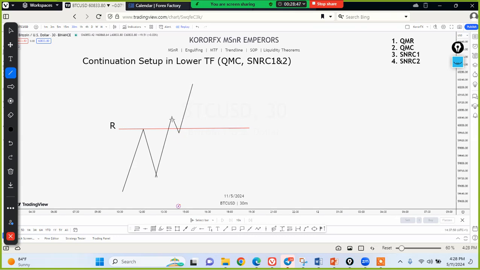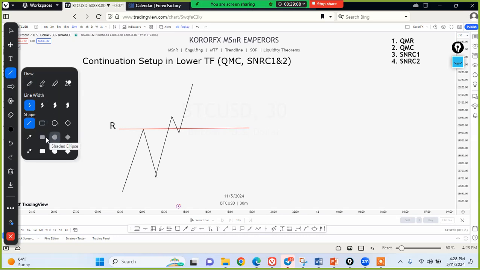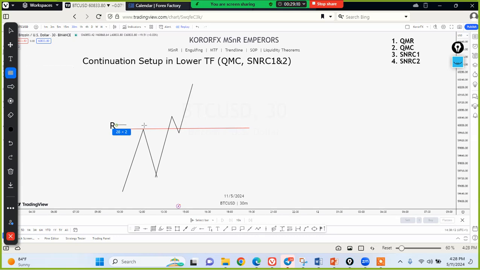So what do we have here then? We have rally, base, rally. Here where the price broke, it is where we call RBS: resistance broken becomes support. So in RBS we now have a zone of support, since this resistance was broken.